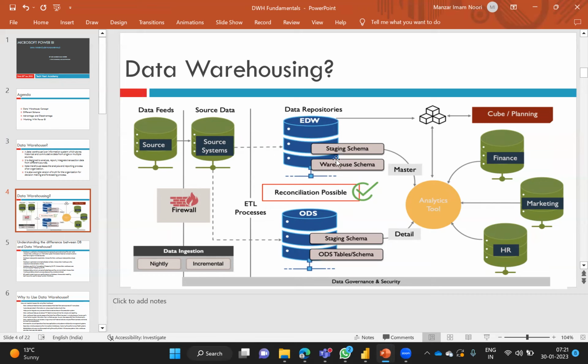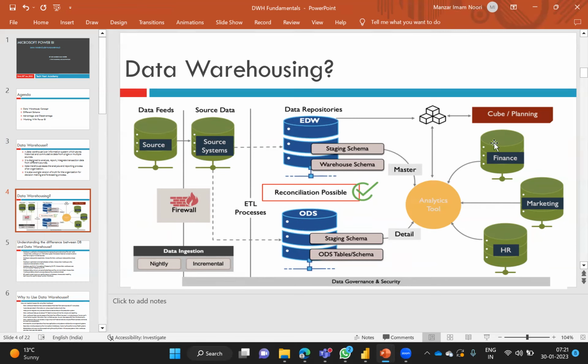Right. And here also we have different schemas. Maybe somewhere we have a staging area where the data is first moved from the source system, and any rules we want to apply, we apply in that area. Then we move to the final data warehouse, data marts, right? From the data mart, the data is used by the analytics tool.